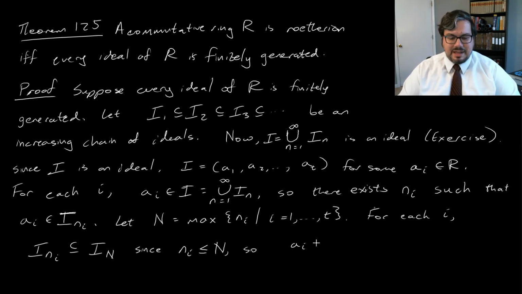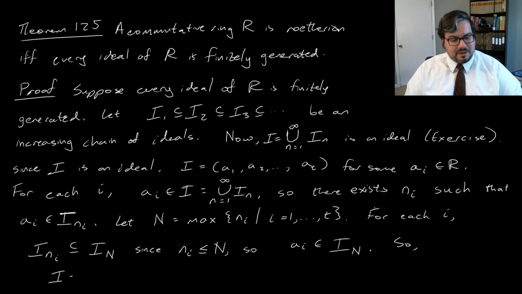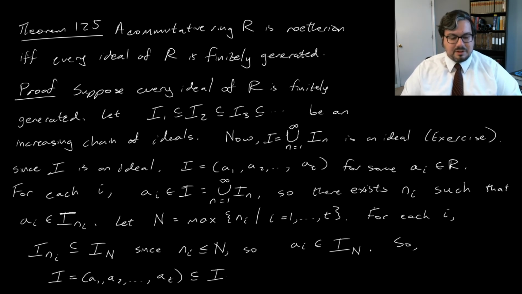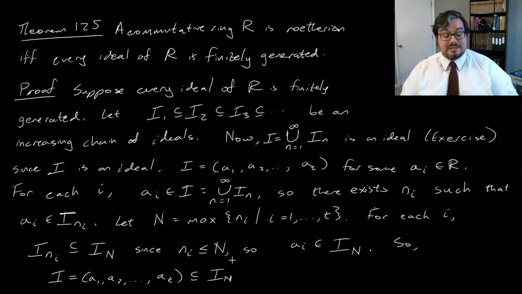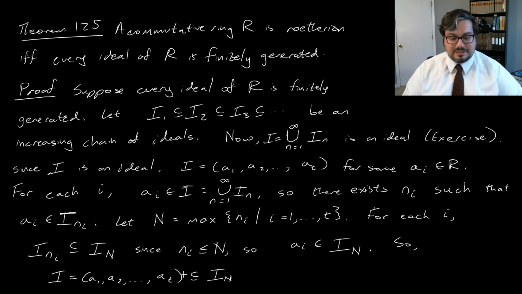And so that means that the generators Ai belong to I subscript N. So this means that our ideal I, which is the ideal generated by A1 through AT, is a subset of the ideal IN, because every one of the generators of the ideal I lies in the ideal IN, and I is the smallest ideal which contains all of these, so it's contained in IN.